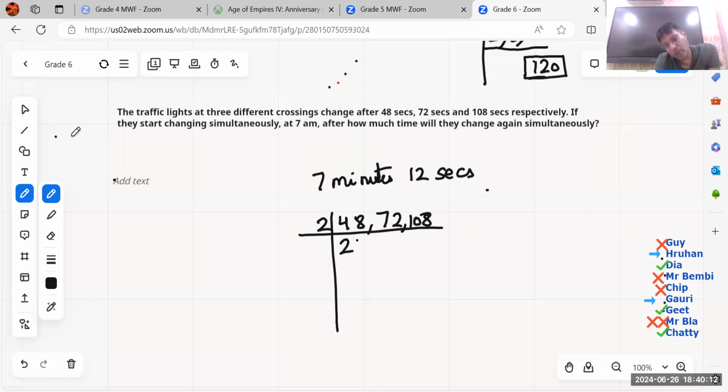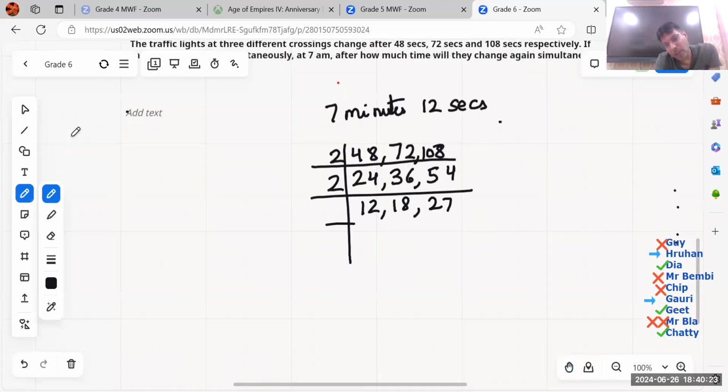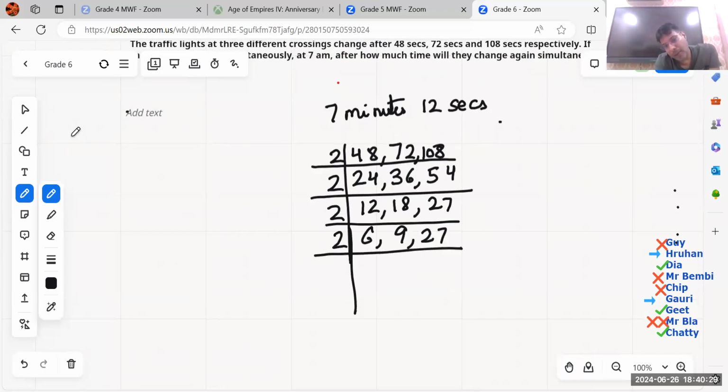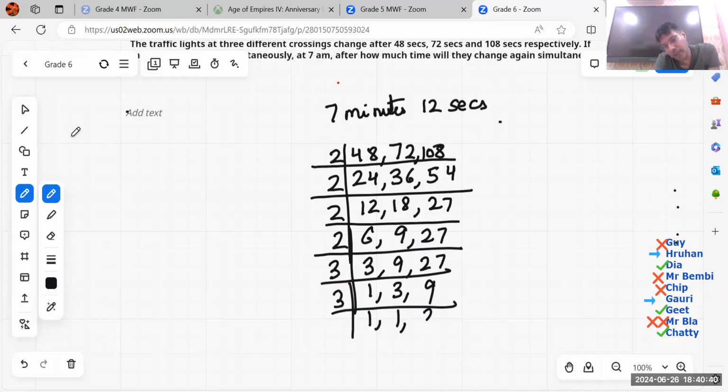So let's do it with 2, 24, 36, 54. Then again with 2, 12, 18 and 27. Let me finish the 2s first. Then again with 2, 3, 9, 27. And again with 3, 1, 3, 9. Then again with 3, 1, 1, 3.